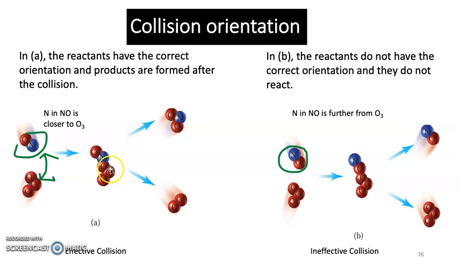Because of this orientation, nitrogen can react with the ozone molecule, forming the product nitrogen dioxide. In scenario B, you can see that nitrogen orients away from the ozone, and therefore it created an ineffective collision, and the product, nitrogen dioxide, was not generated.